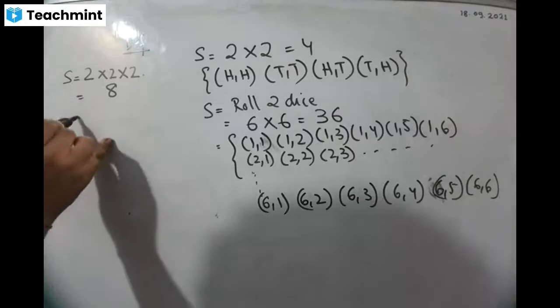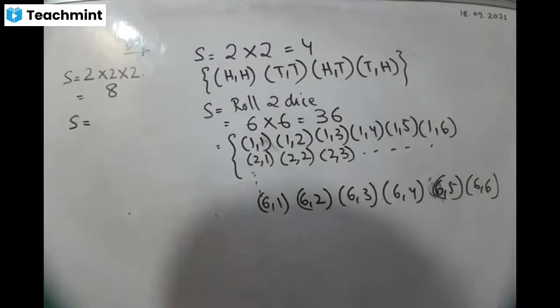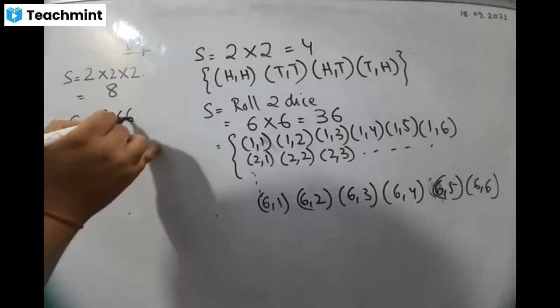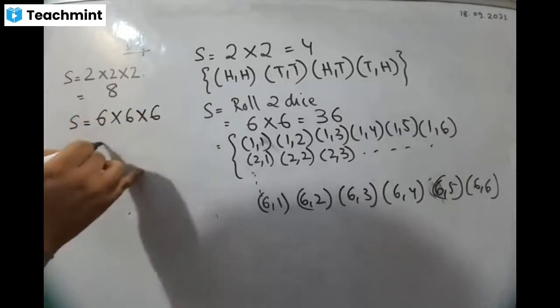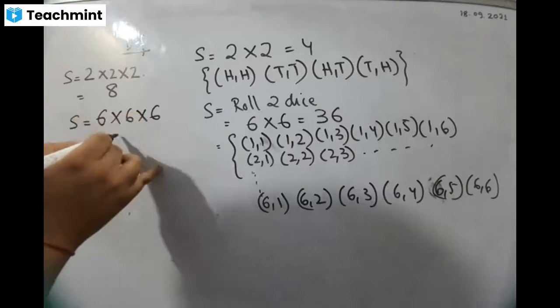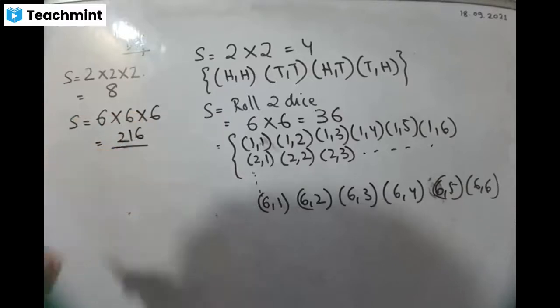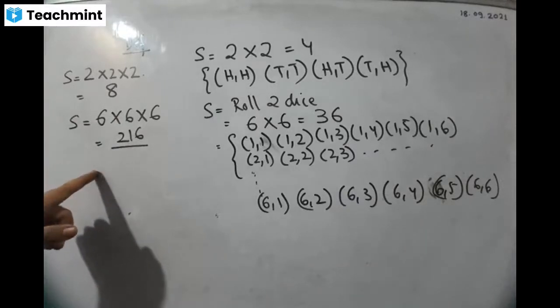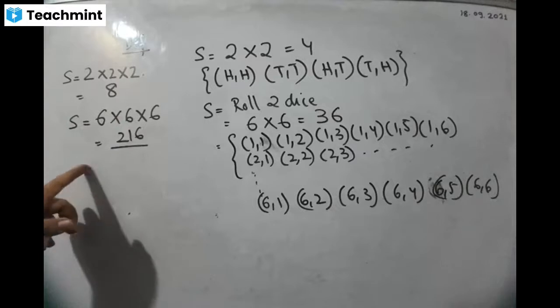Similarly, when you roll 3 dice, what will be the outcome? First die 6, second die 6, third die 6. So 6 6s are 36, 36 into 6 is 216. So you'll get 216. If someone asks you what is the simplest result you can think of, it is first die 1, second die 1, third die 1, 1 1 1.